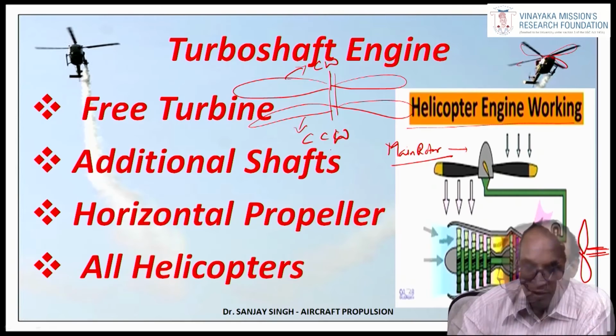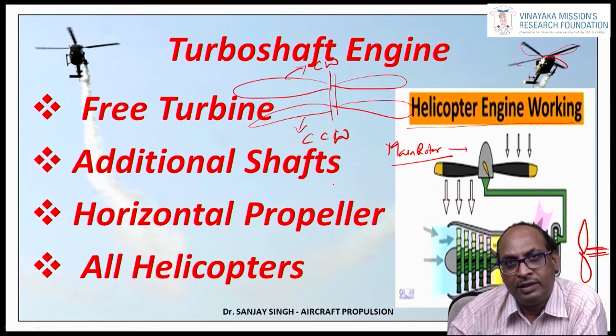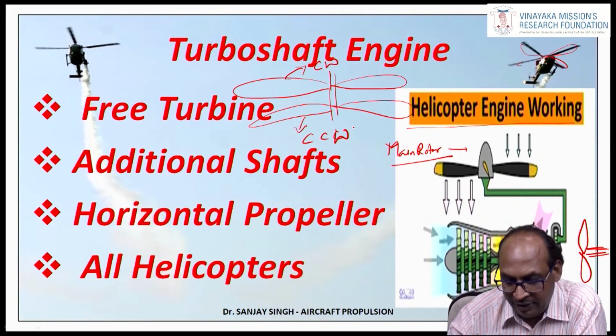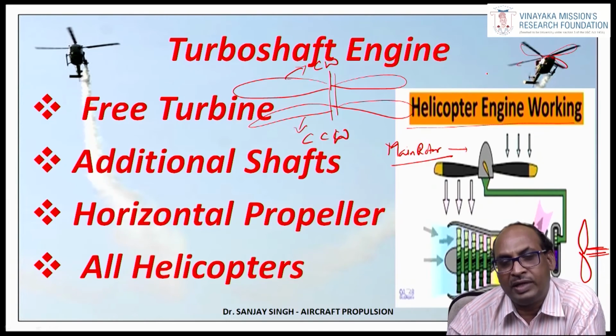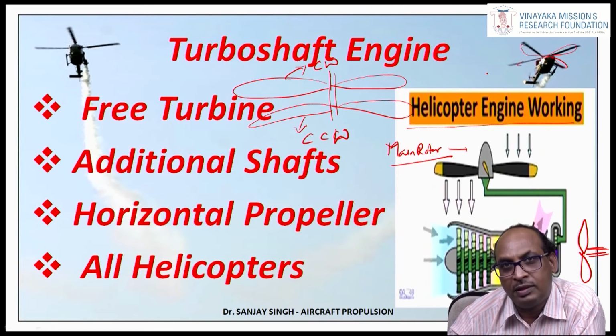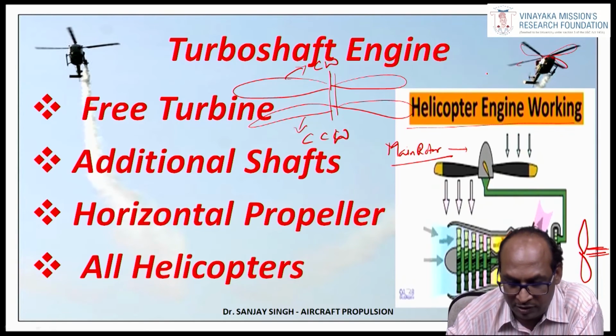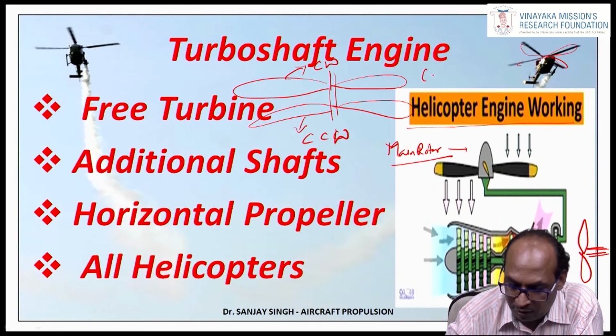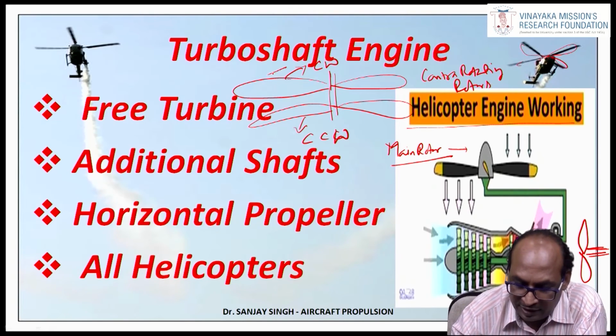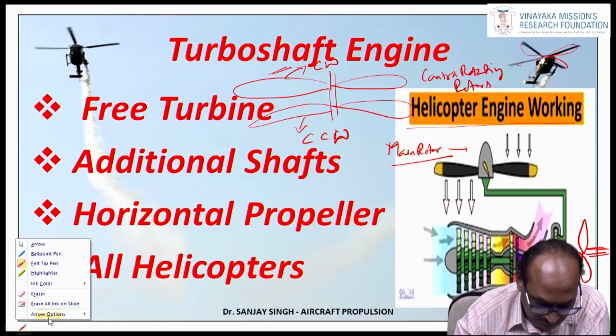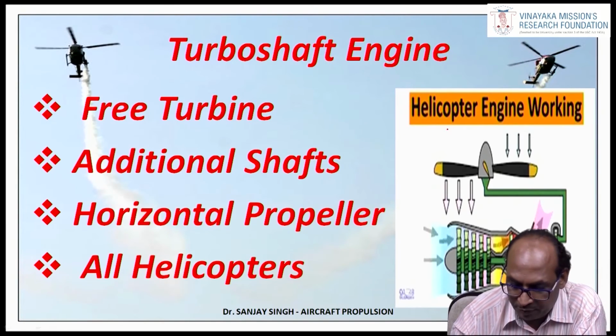Thereby we can reduce that torque effect, the rotational effect, and there is no need of a tail rotor in this case. These two rotors are called contra-rotating rotors. So this turboshaft engine is mainly utilized in helicopters.